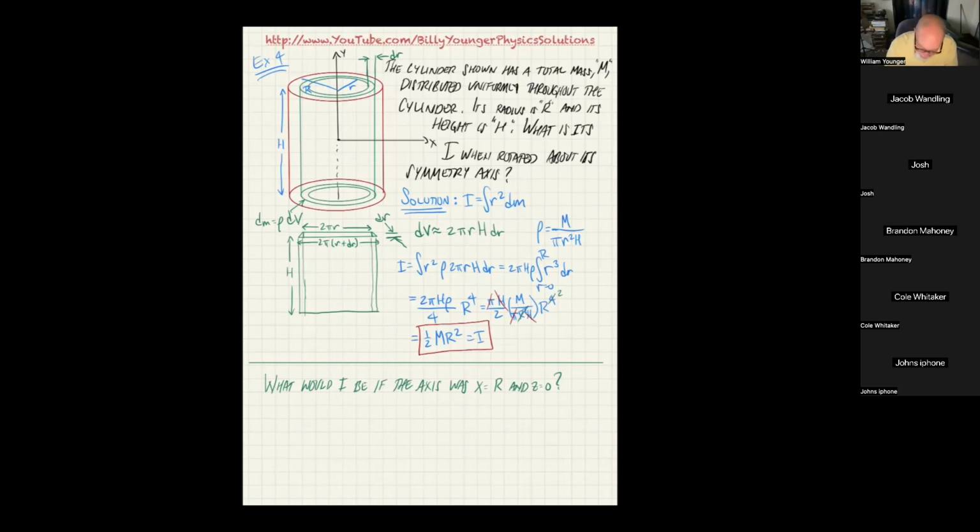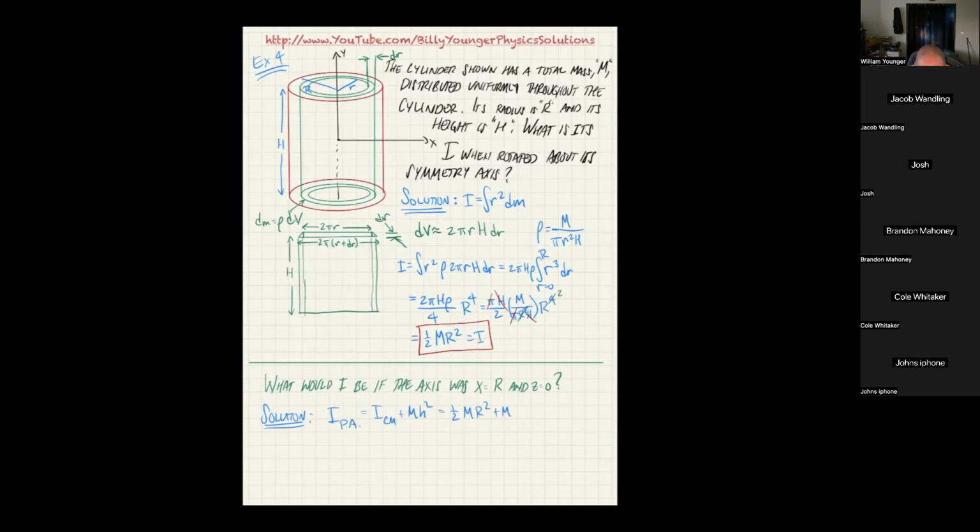So according to the parallel axis theorem, I about a parallel axis is equal to I about the center of mass plus m h squared. So this is going to be 1/2 mr squared plus m, but now I'm moving the axis, which was the y-axis.